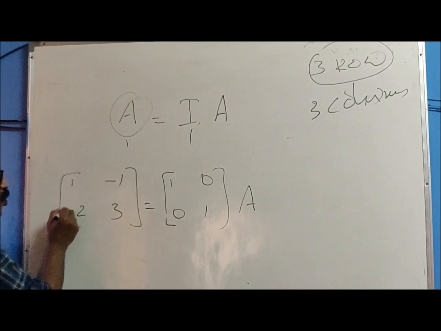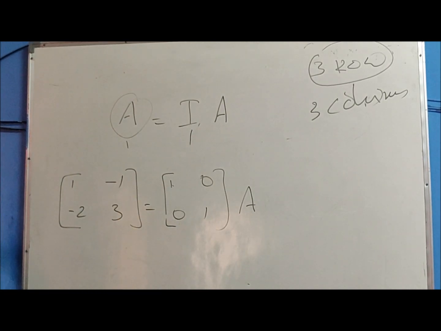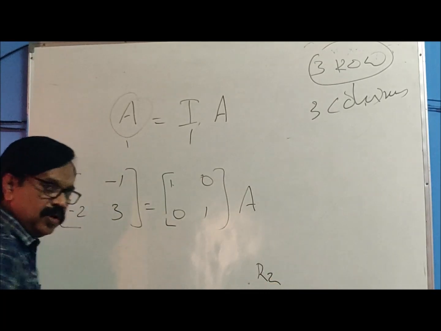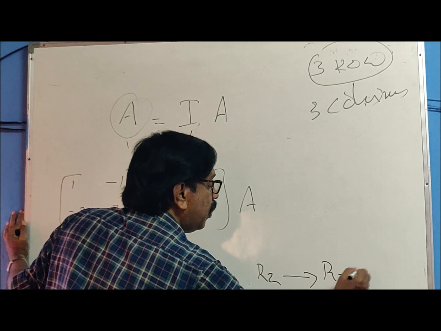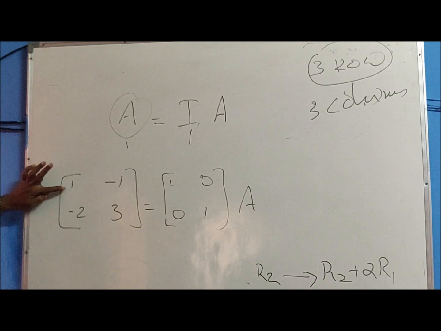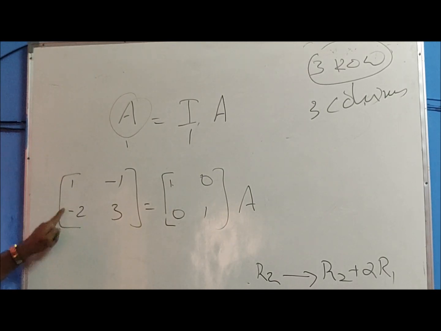Here we have to bring 0 in place of minus 2. For that, what do we have to do? You just think the second row is replaced by second row plus 2 times first row. If you multiply here by 2, then 2 will come. Then minus 2 plus 2, here 0 will come.